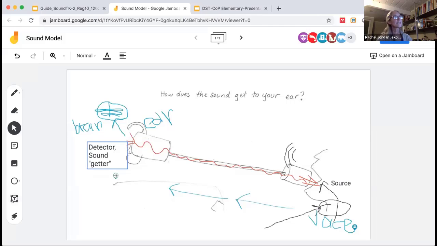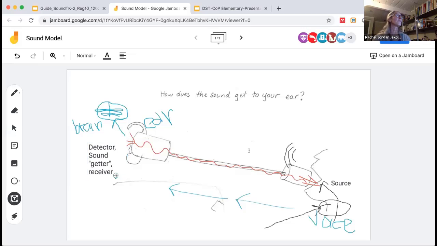And so we've already got some text in here, and sound receiver. Thank you, Adrian. We could add receiver there. So we've already got some informational text that we're adding in the form of labels to our drawing.